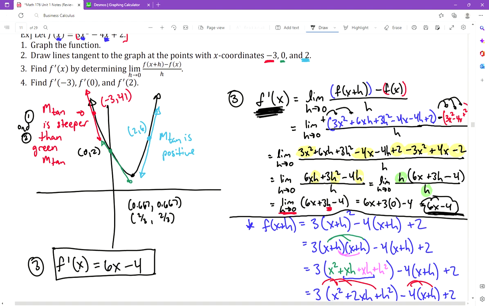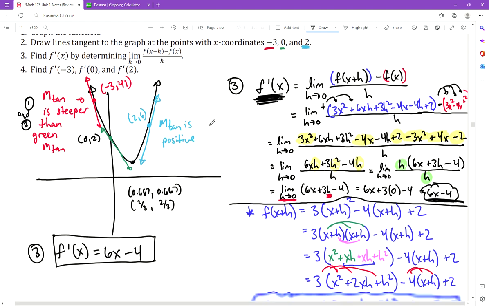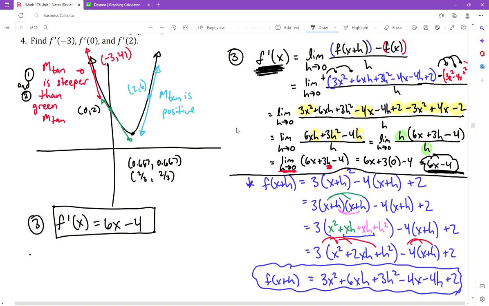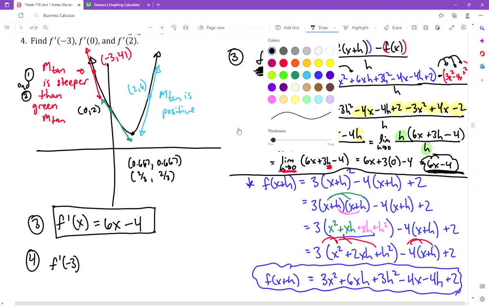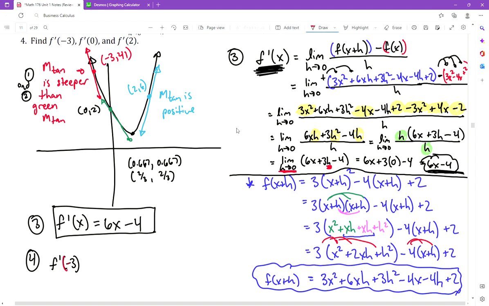And now number 4. It says find f prime of -3, f prime of 0, and f prime of 2. All right, so f prime of -3. Let's do that one in red. It's still just saying there's an x. So now we have a new function, so don't do f of x, do the f prime.